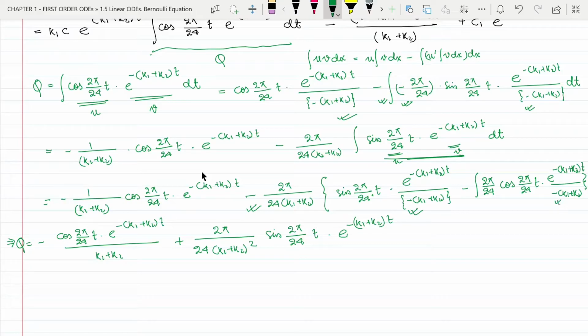Again, this minus symbol multiplied by this minus gives us plus, which when multiplied by this minus gives us minus.